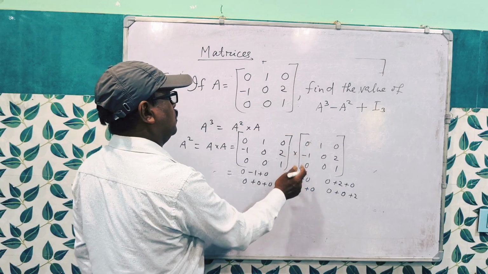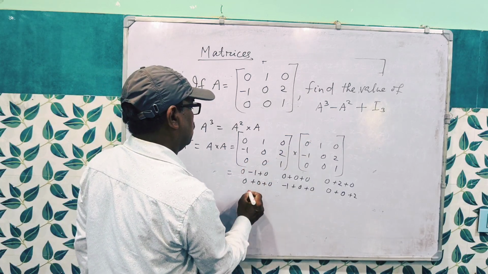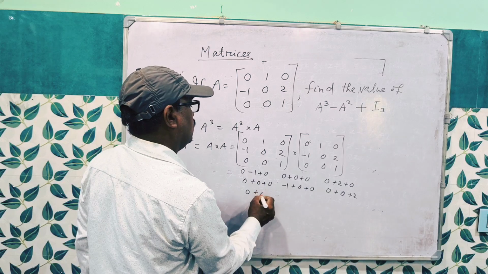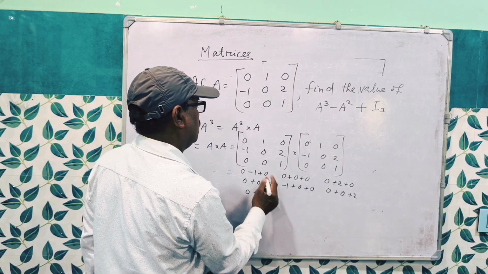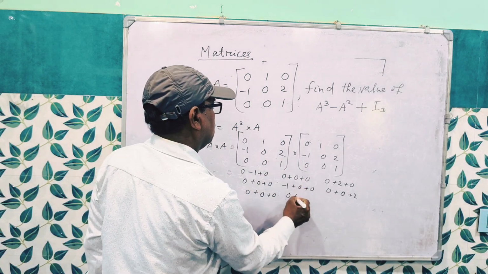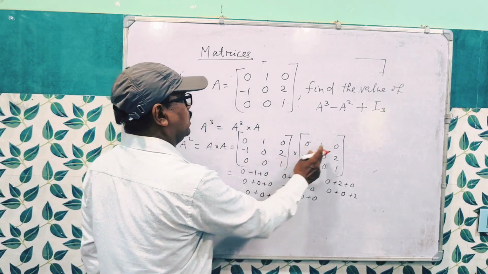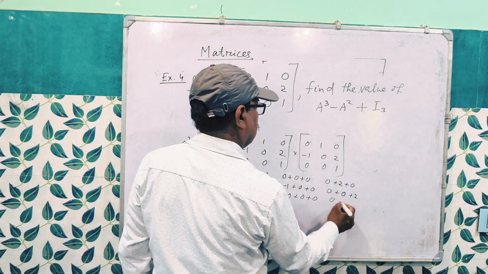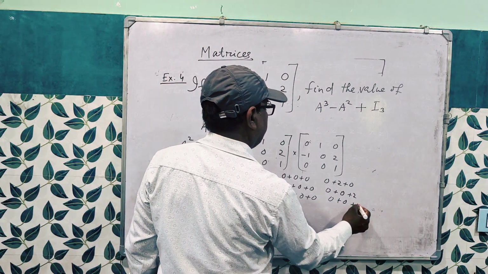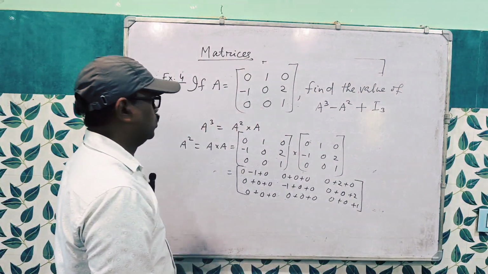Then third row, first column: 0 into 0, plus 0, plus 0, giving 0. Then third row, second column: 0 into 1, 0 into 0, 1 into 0, giving 0. Then third row, third column: 0 into 0, plus 0, plus 1, giving 1. Clear? This is our A square.